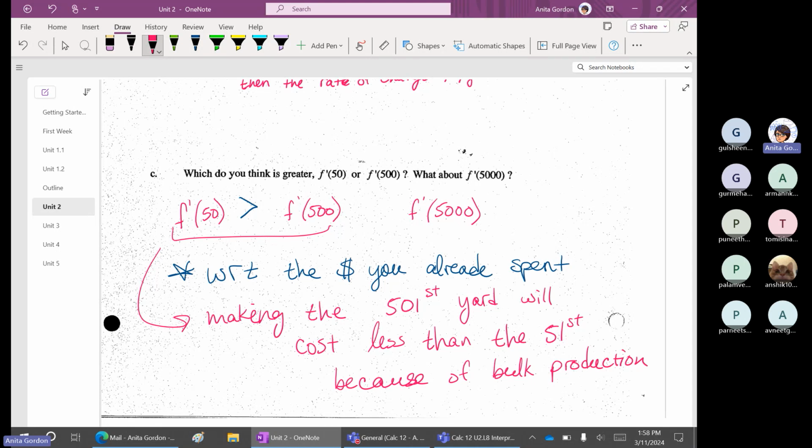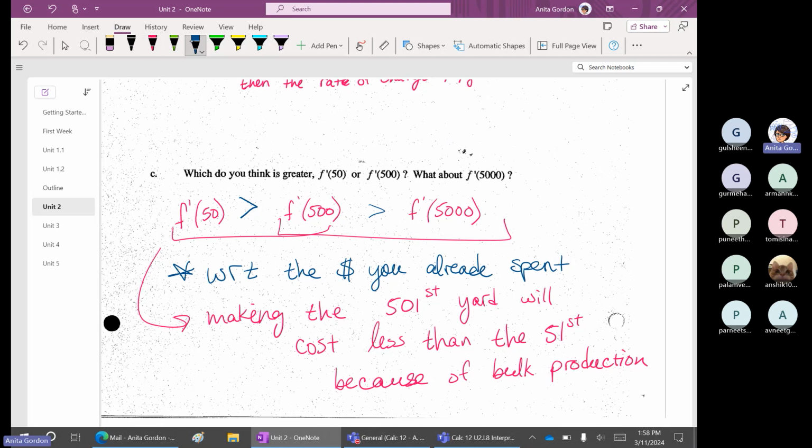Okay, now let's compare the other two. If we're comparing making 500 yards, how much will it cost us to make the 501st yard versus the 5,001st yard? You think 5,000 would be less for the same argument.